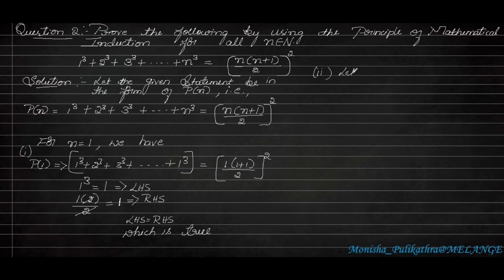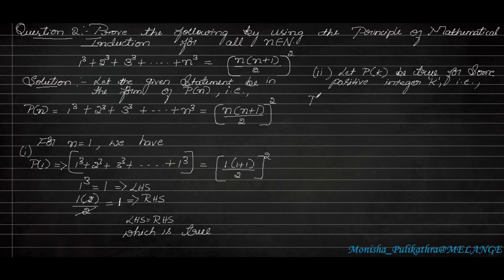Let p of k be true for some positive integer k. Next, wherever we have substituted 1 for n, in this equation n has to be resubstituted as k, the alphabet k.